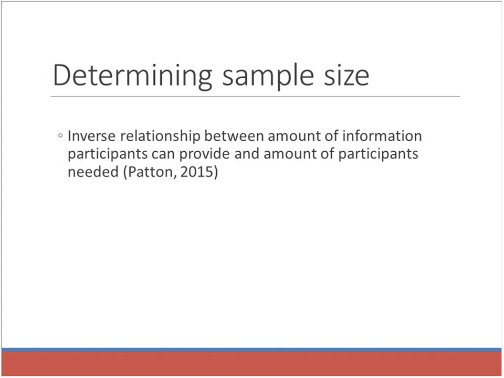So in general, I think about it, and others have written about it, as an inverse relationship between the amount of usable data obtained from each participant and the total number of participants you'll need for your study. In other words, the greater the amount of information gathered from each participant, the fewer the number of participants you need to include. This may sound obvious, but it can be a helpful idea to keep in mind when you're trying to figure out your sample size.